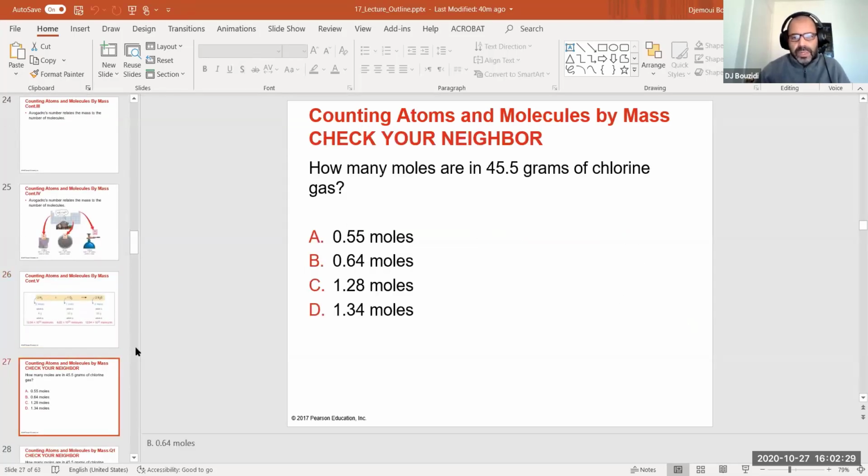Here is an interesting question. How many moles are in 45.5 grams of chlorine? If you look at the periodic table, chlorine has 17 electrons, but the atomic mass in this case is 35.5, or 35.4 to be more accurate. Again, as I mentioned before, you include the different isotopes of chlorine, so it's not a whole number.